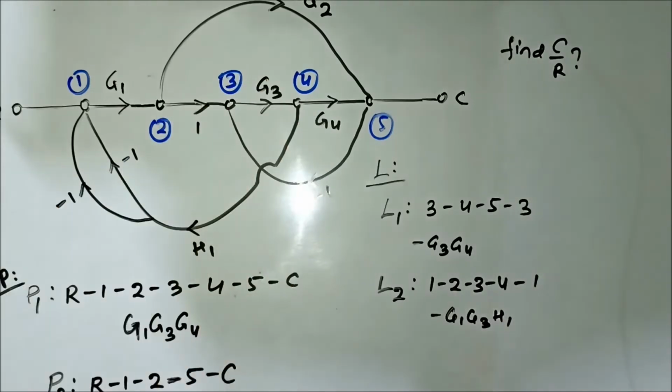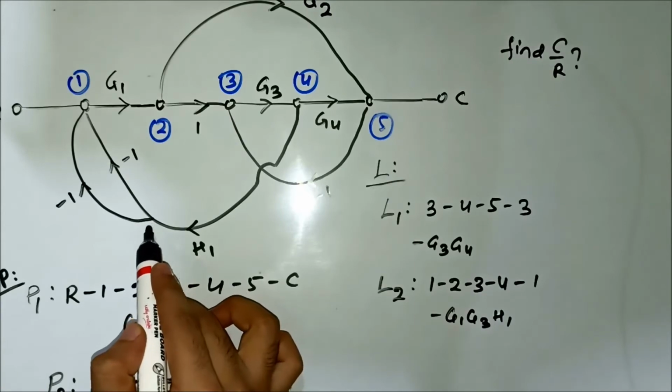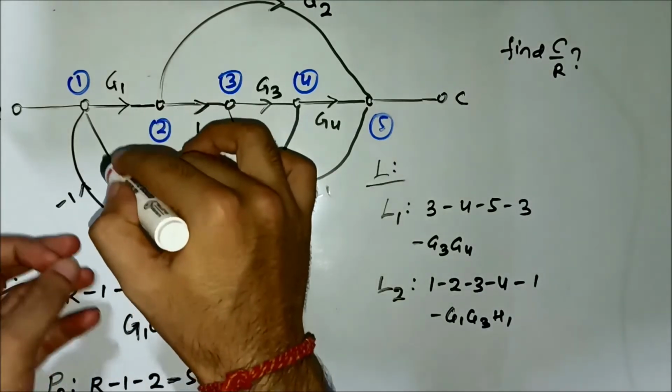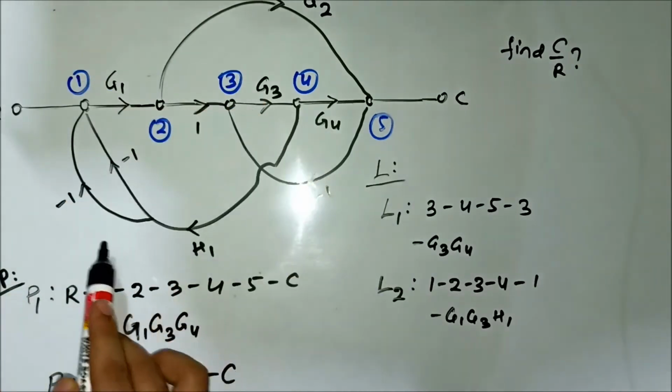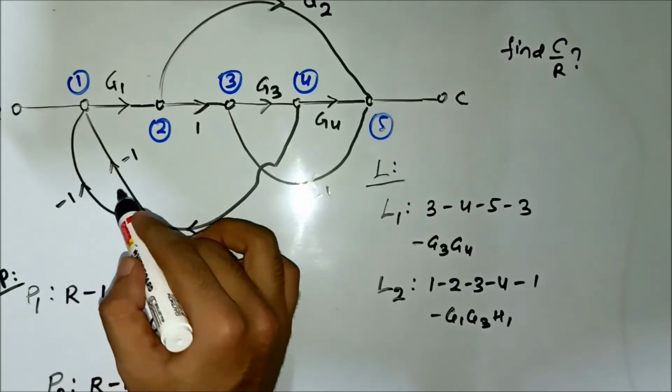Another interesting thing here: at this point, this loop splits into two separate branches, with the gain of the branches equal to minus 1.